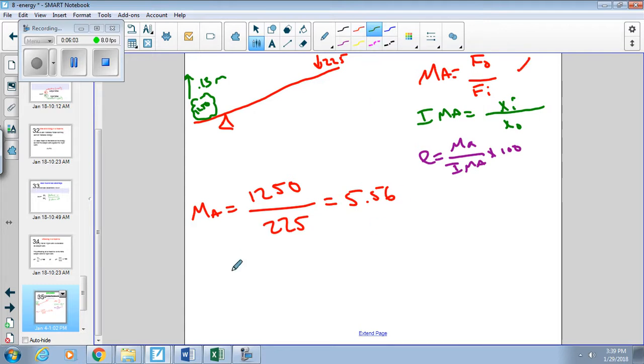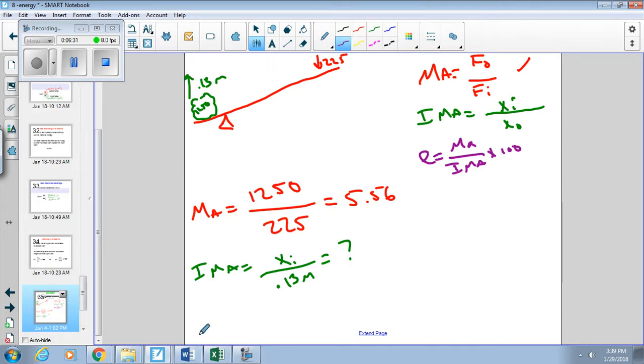Ideal mechanical advantage. So we want to know our xi. We want to know the distance we have to push this lever in order to raise the other side, 0.13. We don't know that. We also don't know what the ideal mechanical advantage is. The only thing we do know is it needs to go up 0.13 meters. So that means we need to either figure out xi or IMA.